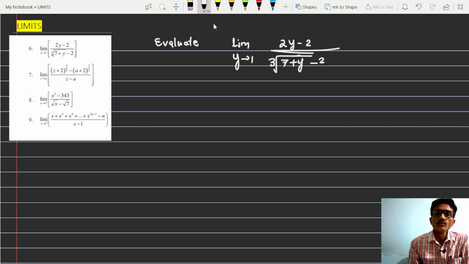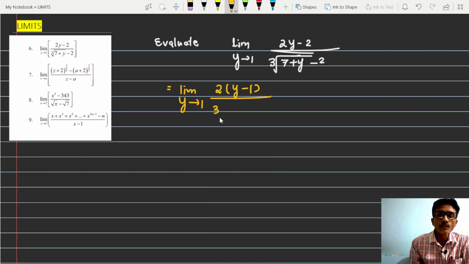First of all, take 2 common from the numerator, so it is limit y tends to 1, 2 times (y minus 1) upon (cube root of 7 plus y minus 2).